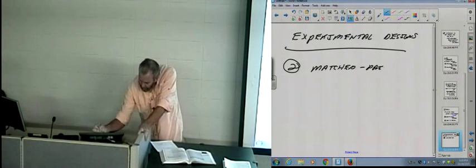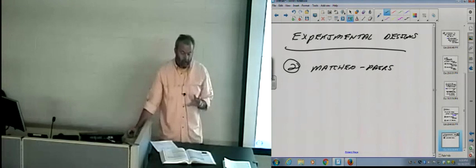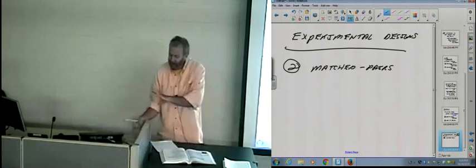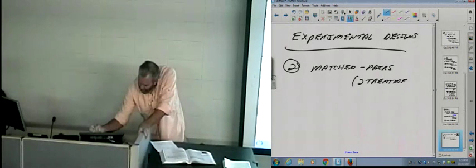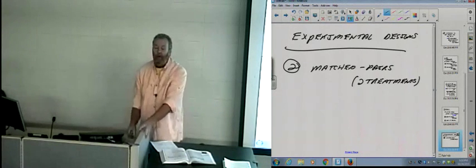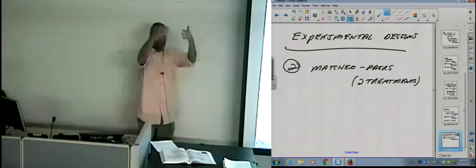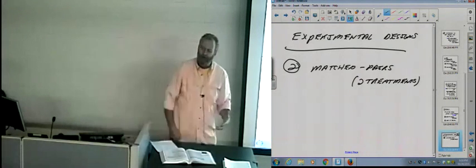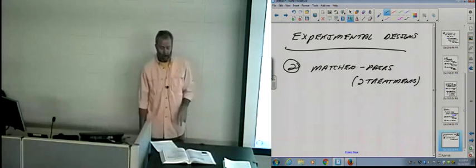Now, the problem with matched pairs, before I go into it too far, you can only have 2 treatments. Completely randomized, I can have 32 treatments. As long as I got enough subjects to make 32 groups, I can have 32 treatments. Matched pairs, you're only allowed to compare 2 treatments. That's it. All right?